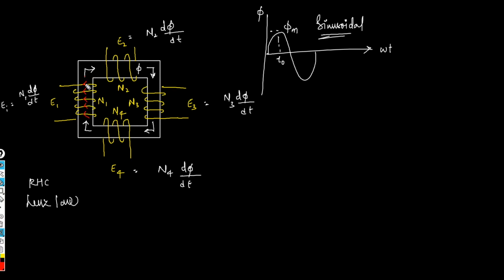If your current direction is in this way, then according to the right hand curl rule, whatever magnetic field will be there will be in opposition with this particular flux, which is this one. So the current direction is something like this, and I have said there is a load assumed here.